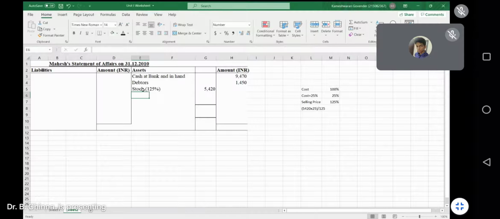So 5 for 20 is equal to 125%. All you need to do is less 25% on cost. So you have to bring this formula here. So it comes to 1,084.